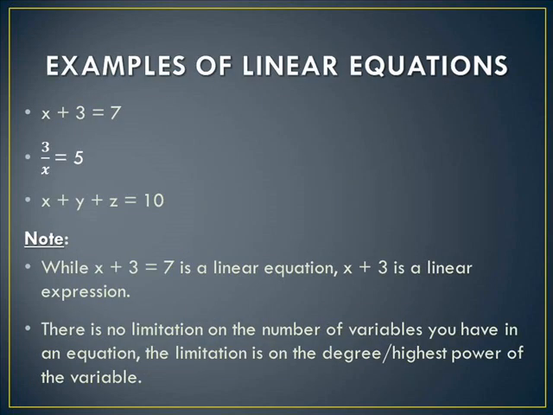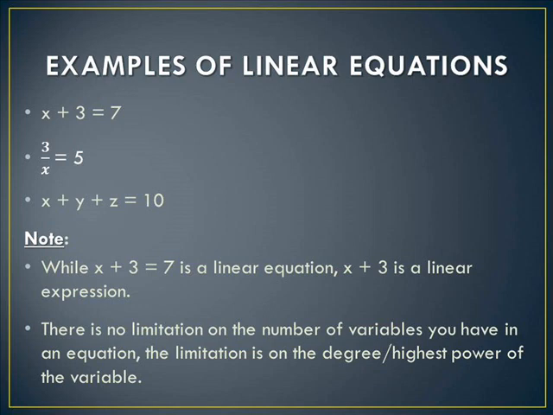Here are some examples of linear equations. In the first example, we have x plus 3 is equal to 7. As the degree or highest power of the variable x is 1, therefore it is a linear equation. In the second equation, 3 over x is equal to 5, the degree of the variable is also 1.